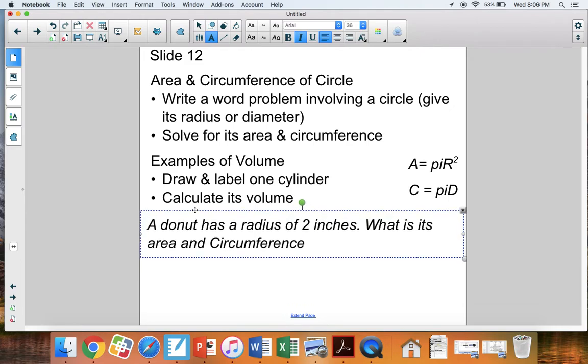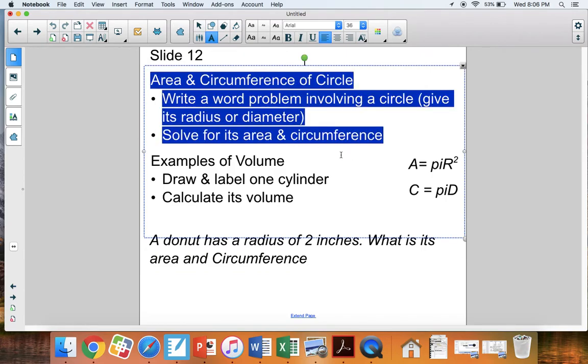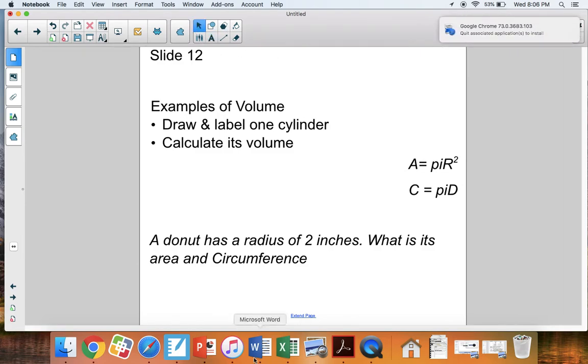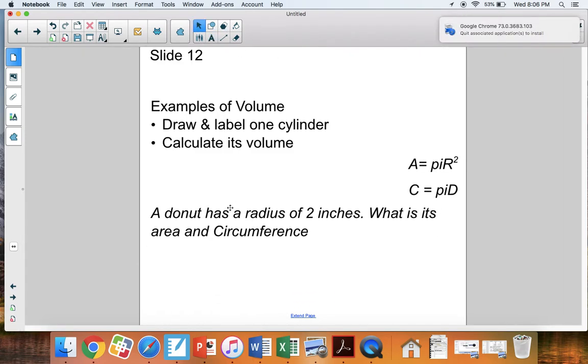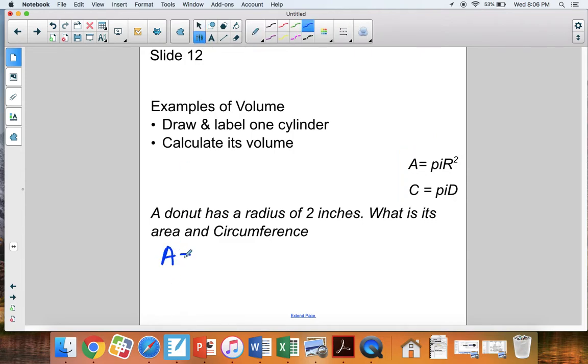Then what I'm going to do is solve for these. So the area, which is this formula right here, we're going to say area equals pi, which is 3.14, times our radius, which is 2, squared.